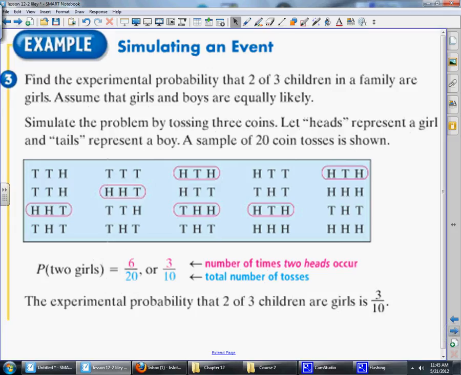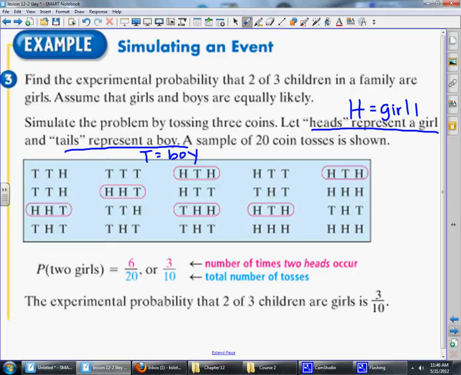Okay, let's look at if we simulate an event. We want to find the experimental probability that 2 of 3 children in a family are girls, assuming girls and boys are equally likely. We're going to simulate the problem by tossing 3 coins. Heads represents a girl, so H is equal to a girl, and tails represents a boy, so T is equal to a boy. Here we have 20 different coin tosses shown.